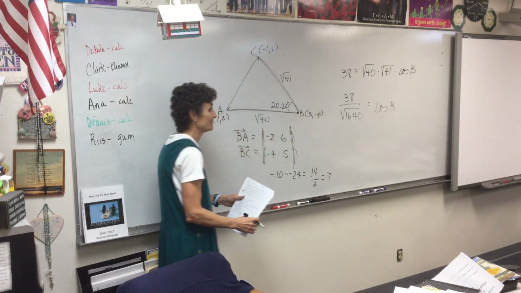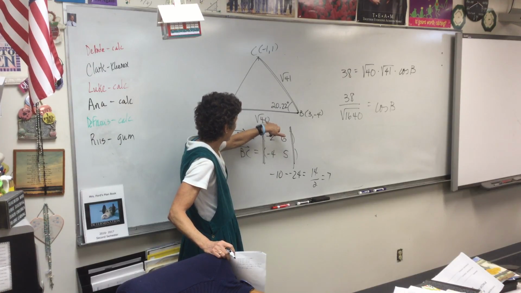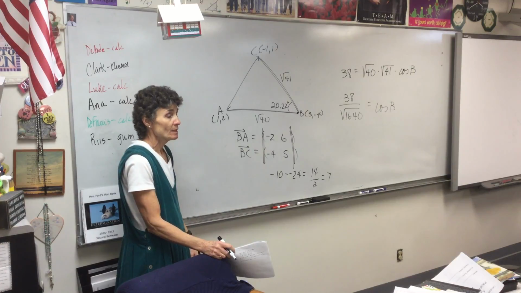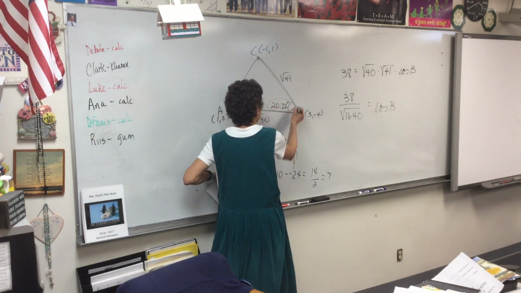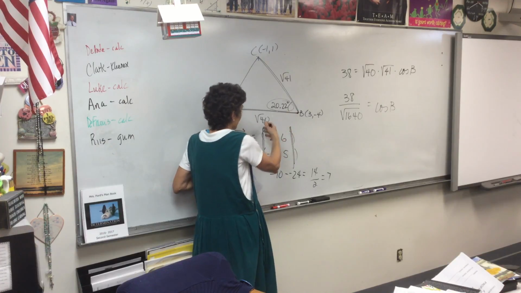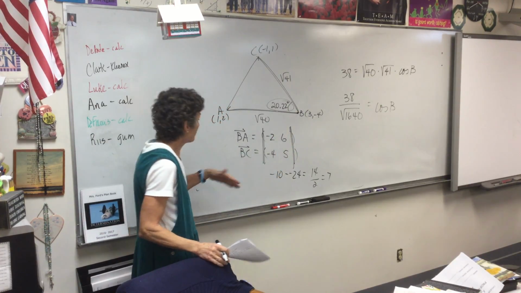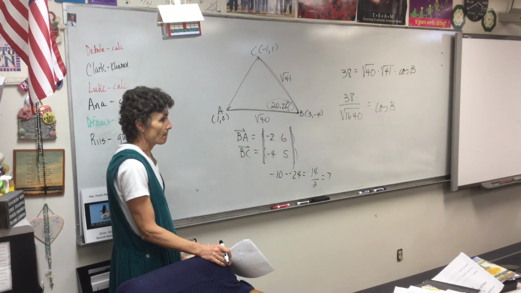You should have gotten 7 for your area. Would somebody do 1/2 this times sine this? You get 7? So either way is fine. If you have already found this angle, then you can go ahead. 1/2 side side sine is just as easy as anything else. But this is another option for you to find the area.